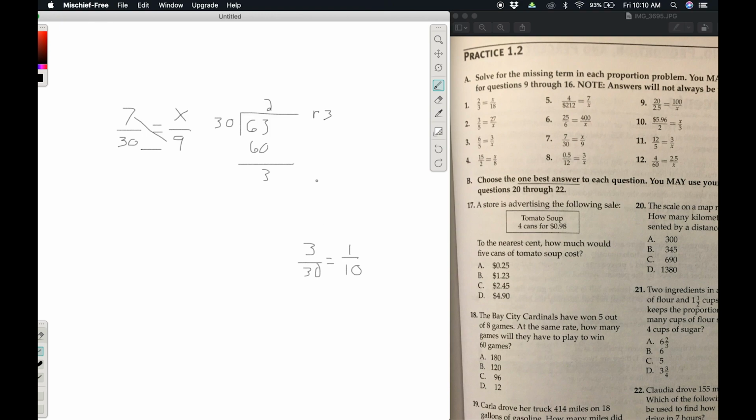So our answer here would be x equals 2, and then the 3 over 30, which reduced is 1/10. Okay, so that is your answer there.